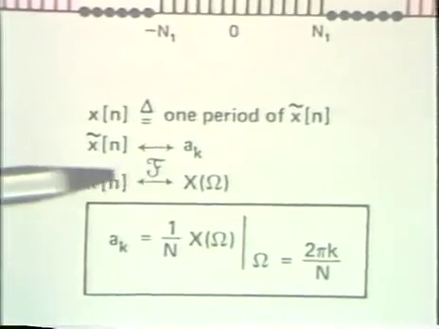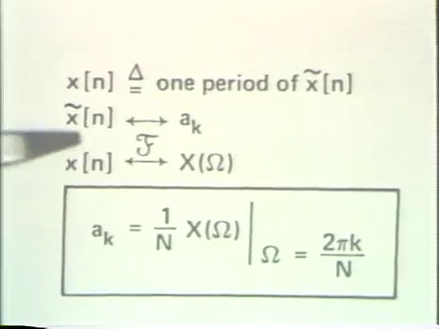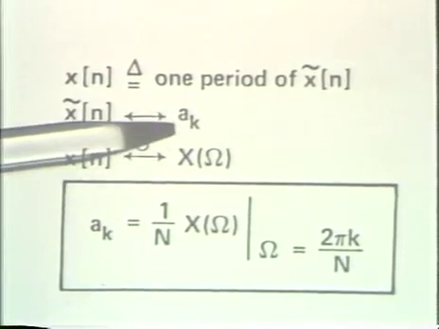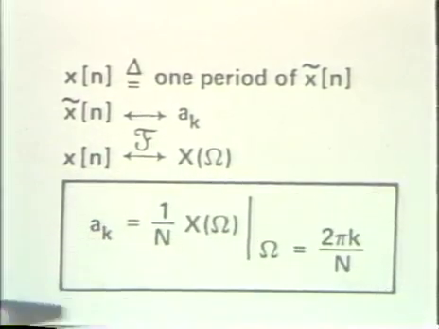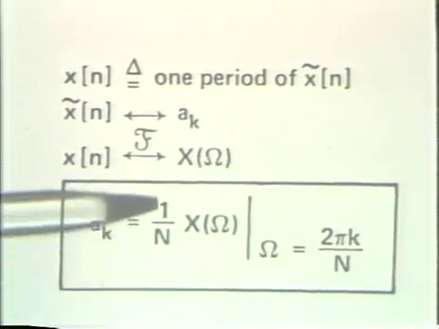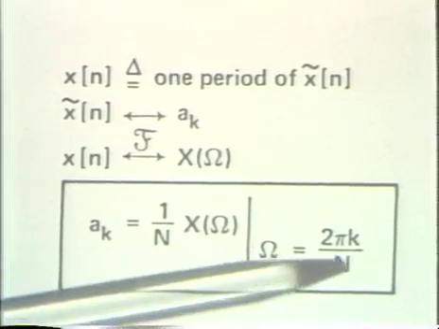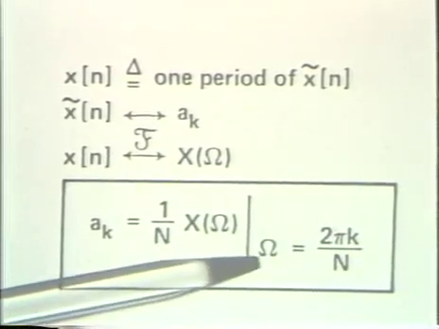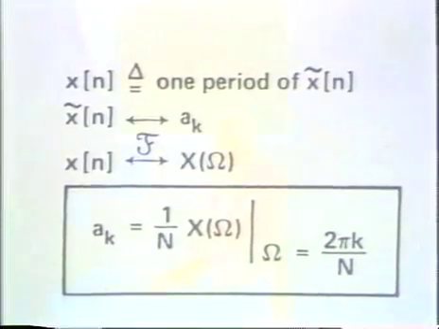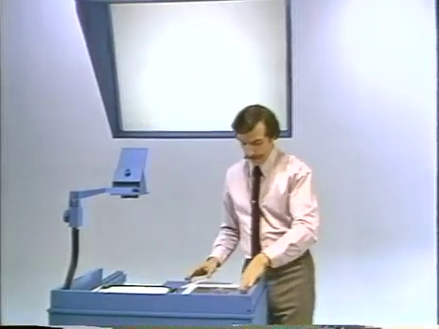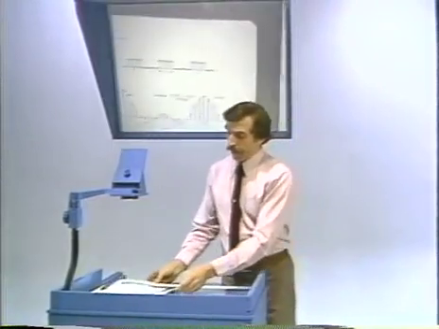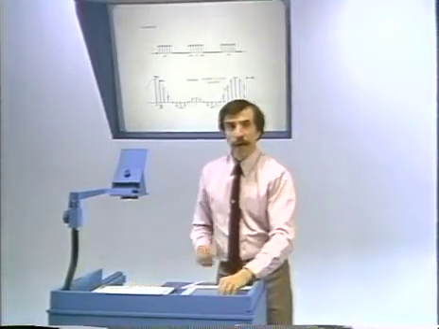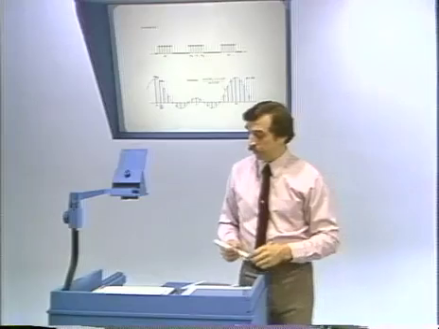So X of omega is the Fourier transform of one period. The a sub k's are the Fourier series coefficients of the periodic signal, and this relationship simply says they're related, except for a scale factor, through samples along the frequency axis. And of course, we saw this in the context of our square wave example.